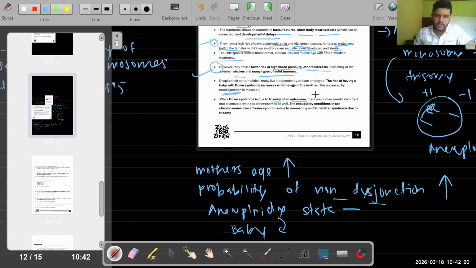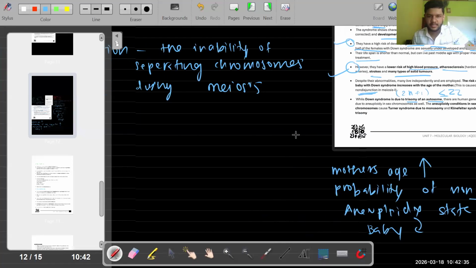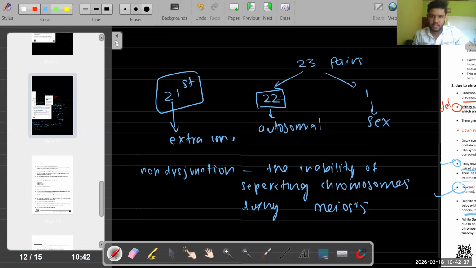Now, trisomy means just remember this relationship: 2n plus 1. Autosome means any chromosome up to and including the 22nd pair. Let's see what happens here. I said that it is affecting the 21st chromosome. So it belongs to what type of chromosome?